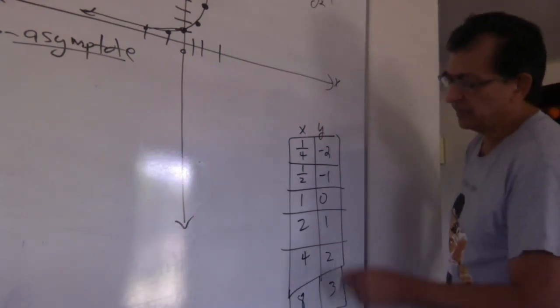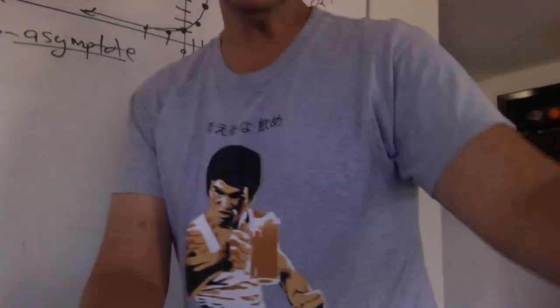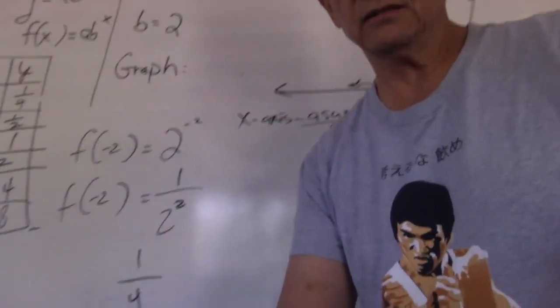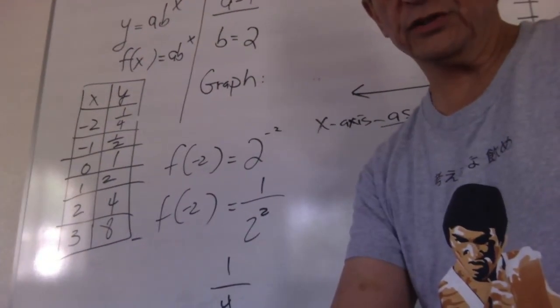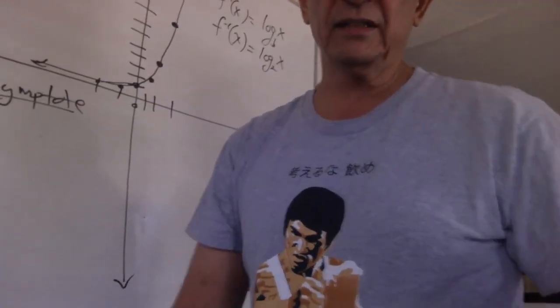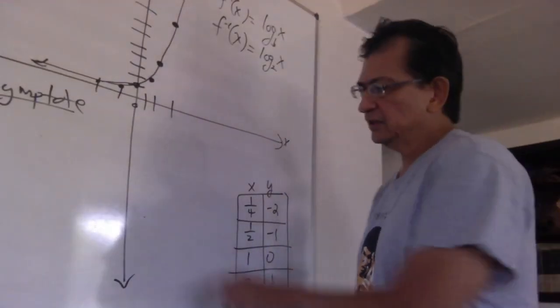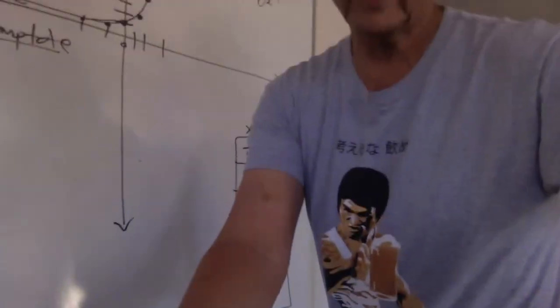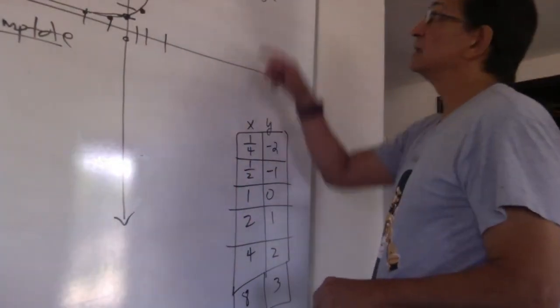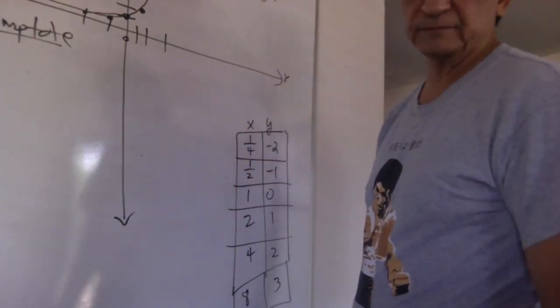Basically what I did was take the same values I had in my exponential function and switch them. These are the values of my log function of log base 2 of x.